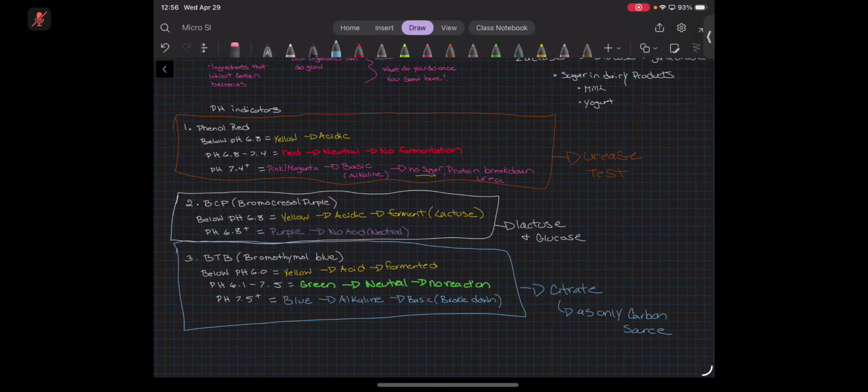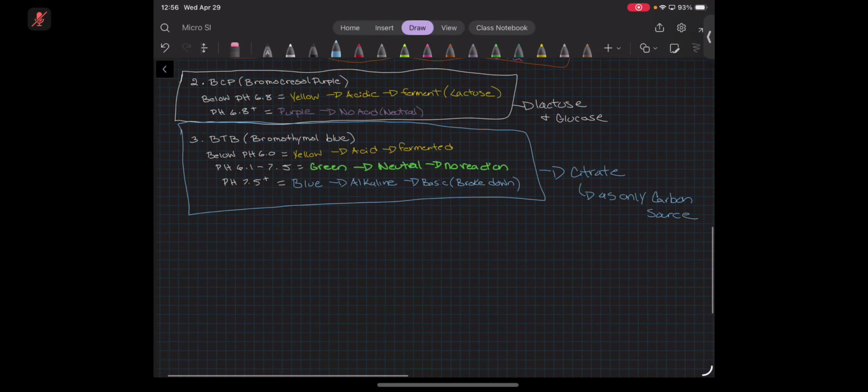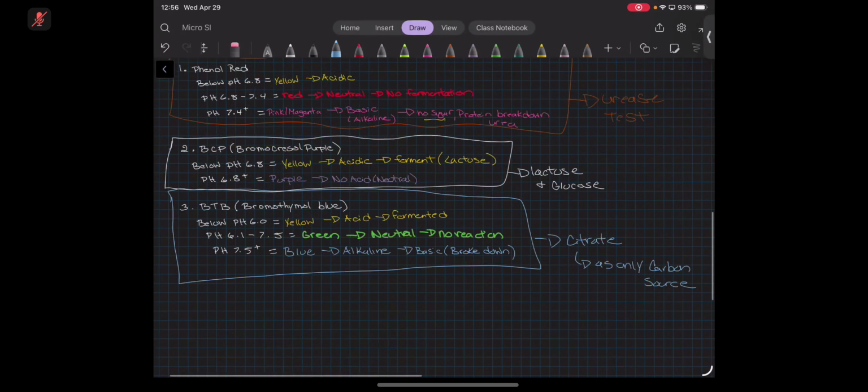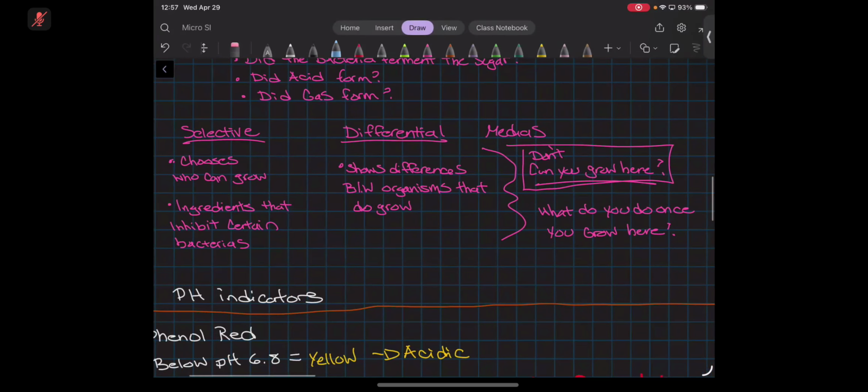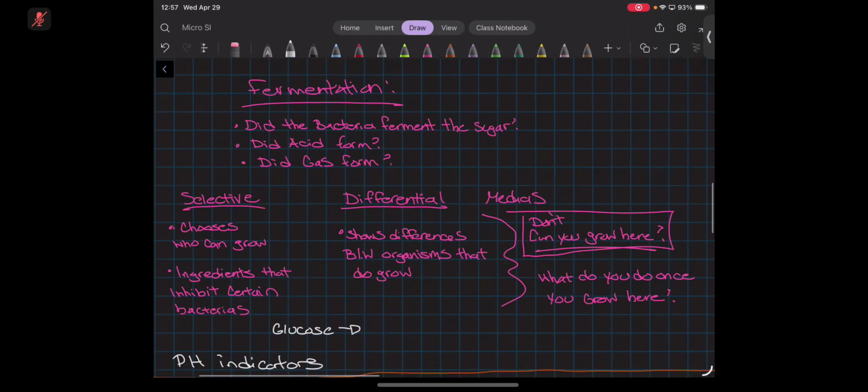Just in case she asks, I'm not gonna explain the whole process because I don't want to confuse you guys even more. For a free-for-all question, a written question or something, just in case she asks, because this was on my test, just know that the bacteria breaks down glucose, for the fermentation.